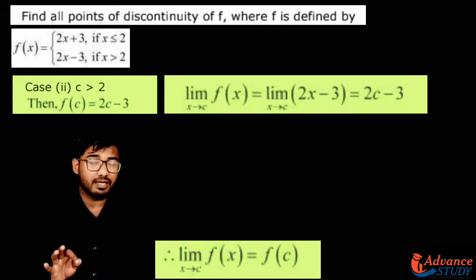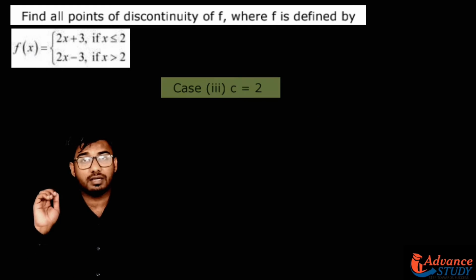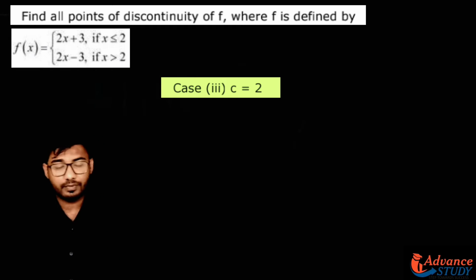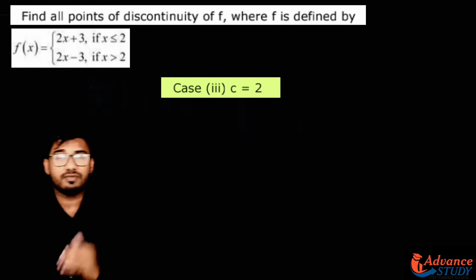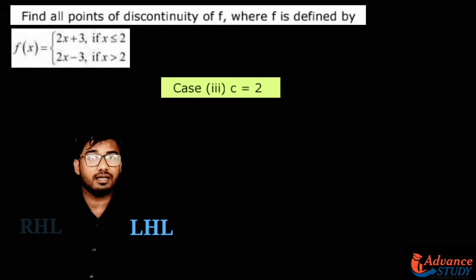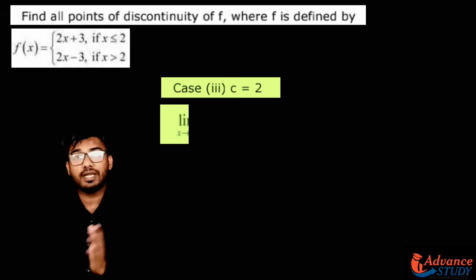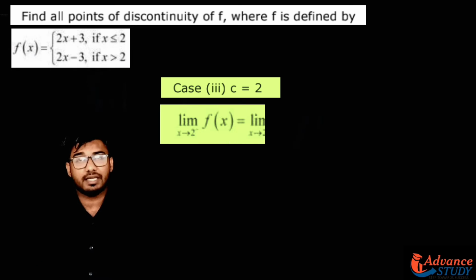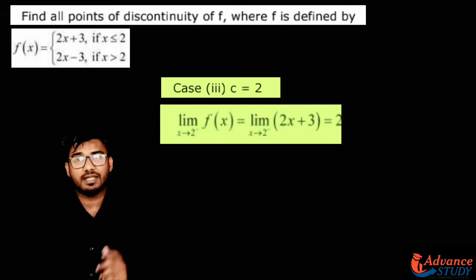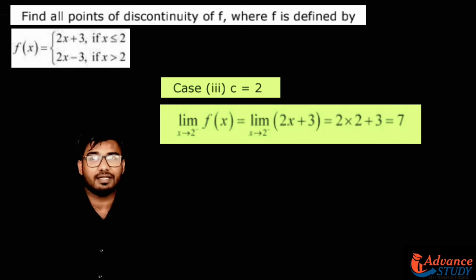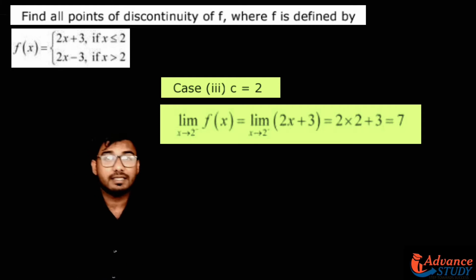Now there is a very important case, case number 3, that is c is equal to 2. It's a very different case because we are taking both the left hand limit and the right hand limit. Limit x tends to 2 negative means the left hand limit. So limit x tends to 2 negative, 2x plus 3, the answer will become 7.